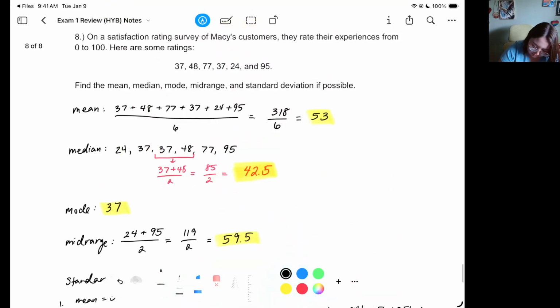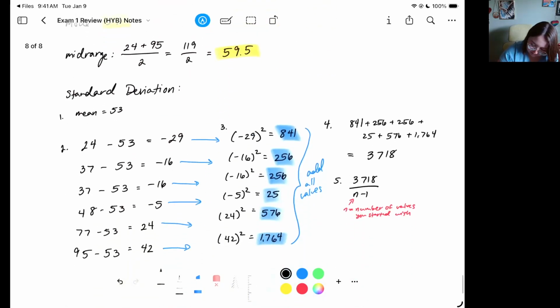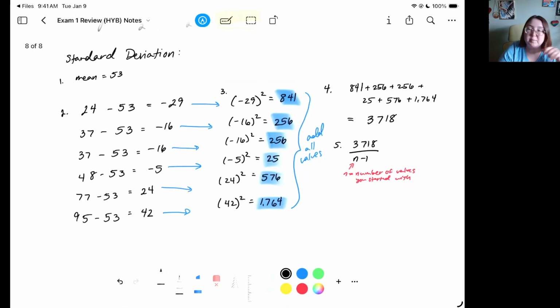So if we go up here, right? 1, 2, 3, 4, 5, 6. There were 6 numbers. So we're dividing by 6 minus 1. 3,718 divided by 6 minus 1, which is 5. 3,718 divided by 5 is equal to 743.6.